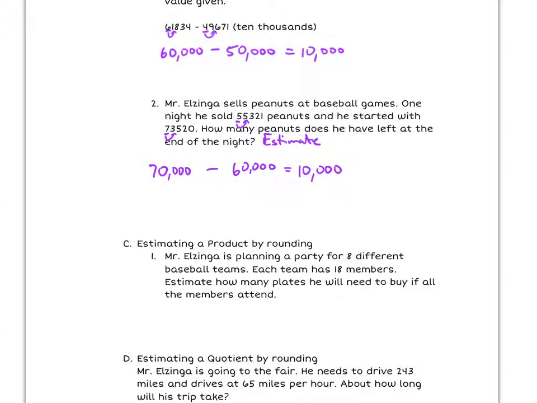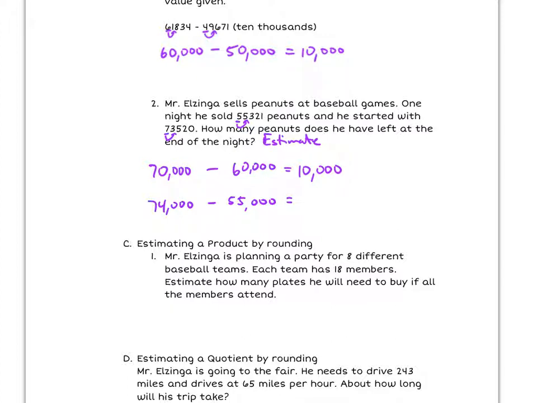Would anybody maybe round that differently? Could you have chosen to round to the thousands place? Maybe, yeah. Right, because it was still 74,000 minus 55,000. A little harder subtraction problem, yeah. You can write this as a second example.